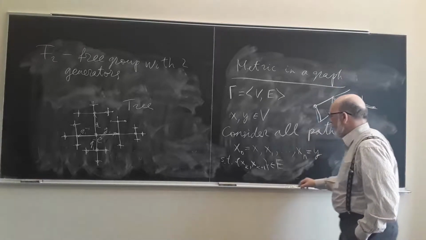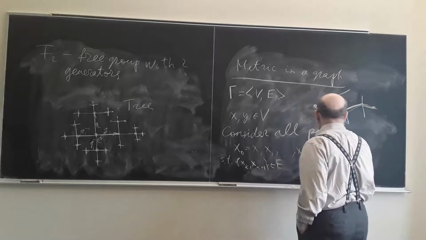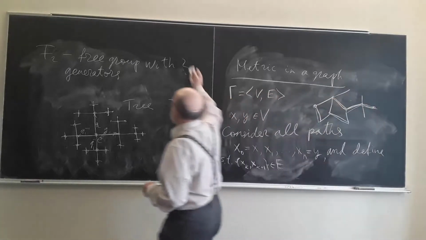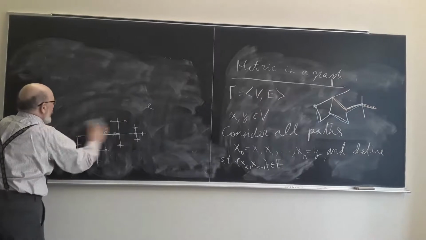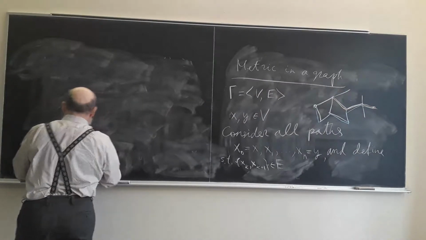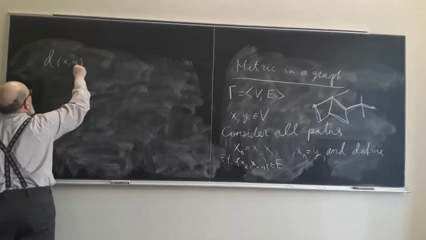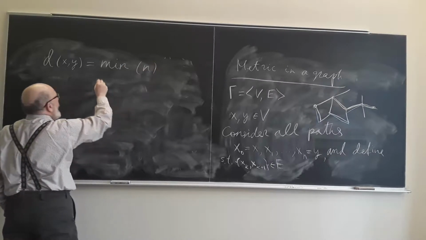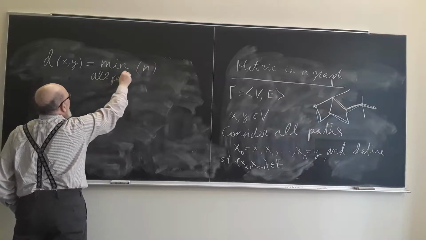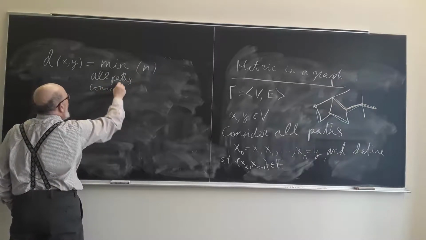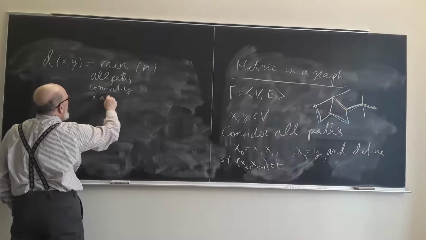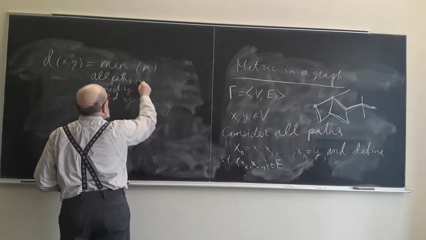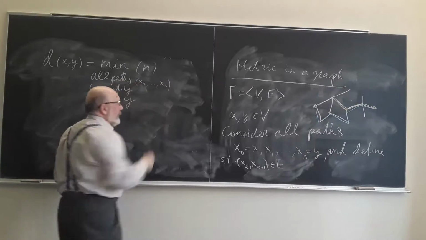And define, okay, let me erase this beautiful picture, d(x,y) equals the minimum of n over all paths x0, ..., xn connecting x and y.